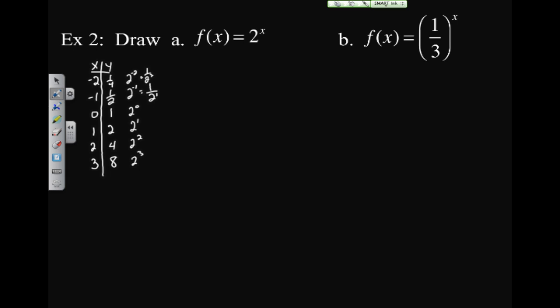So when we graph this, we have these values. We have 3, 8, 2, 4, 1, 2, 0, 1, negative 1, comma 1/2, and then negative 2, 1/4.